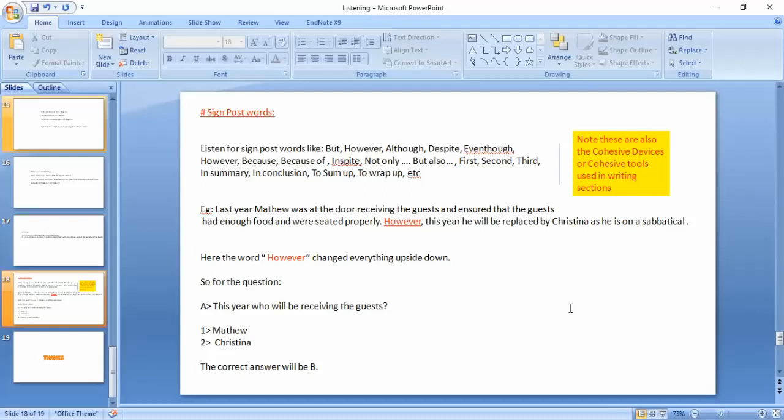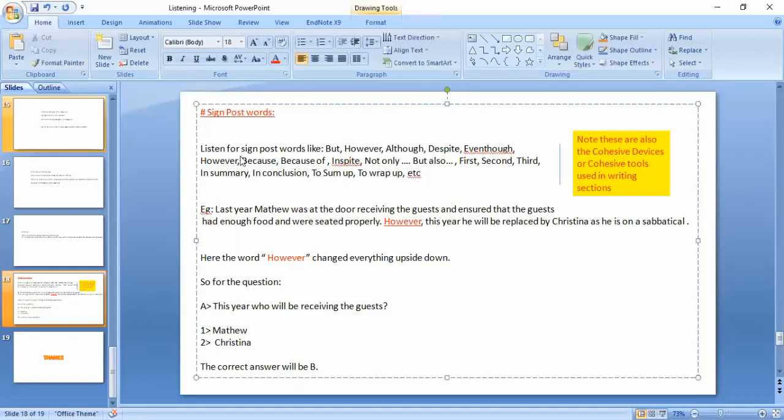So various signpost words are: but, however, although, despite, even though, because of, in spite of, not only but also, in addition, first, second, third, in summary, in conclusion, to sum up, to wrap up, etc. And note, signpost words are also known as cohesive devices or cohesive tools in writing sections.